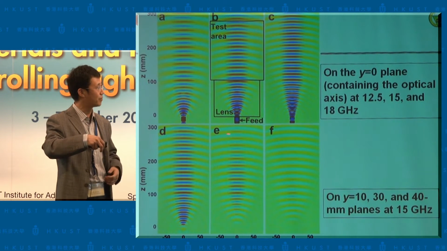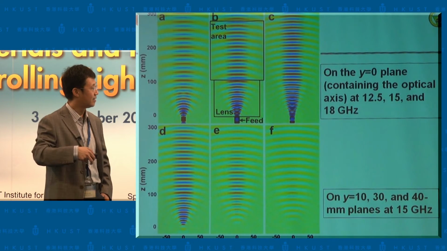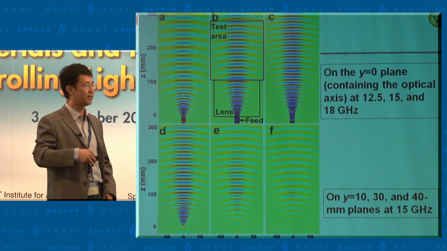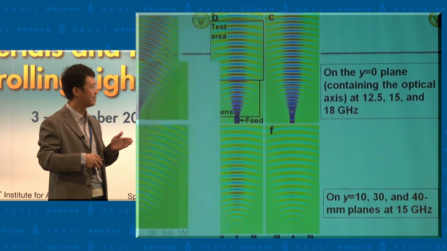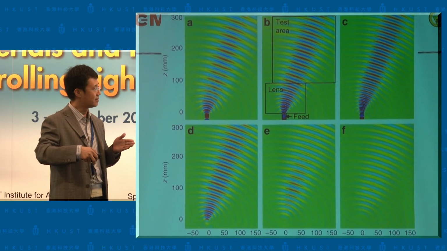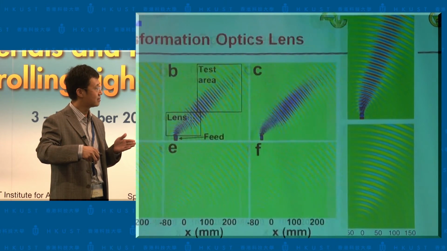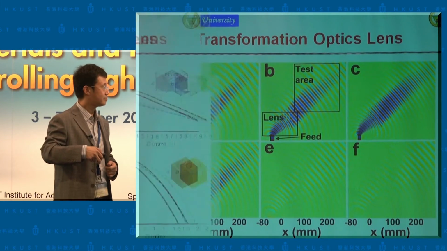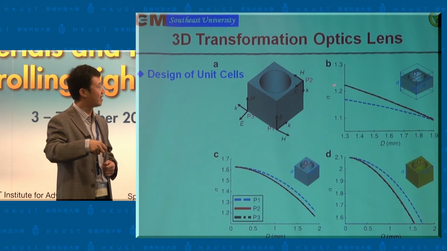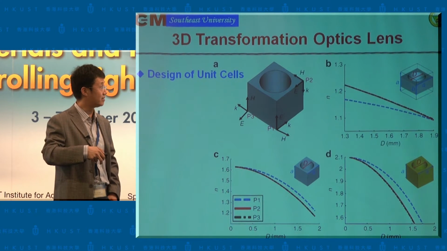Only when the cross section is very far away from the optical axis is there some shape change for the plane wave. So this is the design of the 3D transformation optics lens.